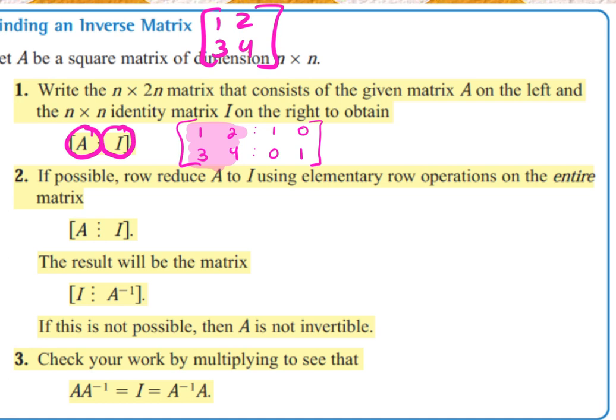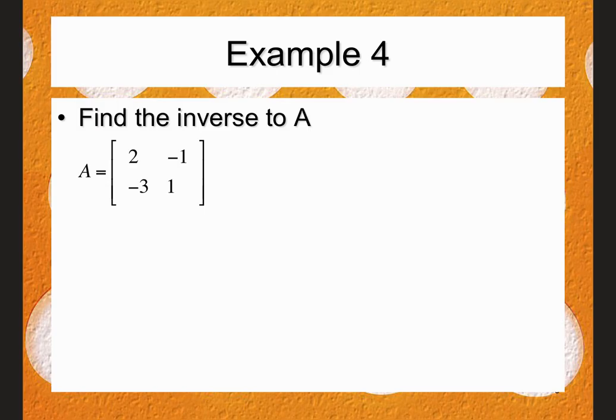And when you get to your goal, the right side of those dots is your inverse. So I'm going to work through an example. Again, this process works for a 2 by 2 and a 3 by 3. I'm going to teach you a shortcut for the 2 by 2, and then I would never go back. But the shortcut you can't do on a 3 by 3.